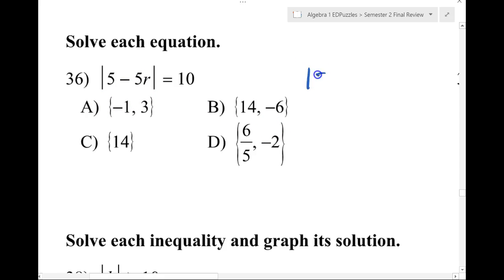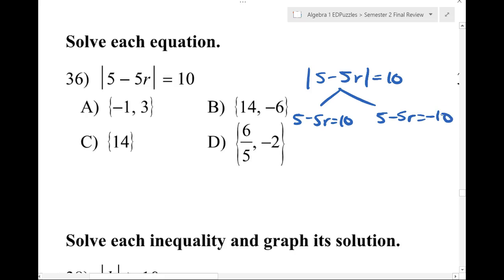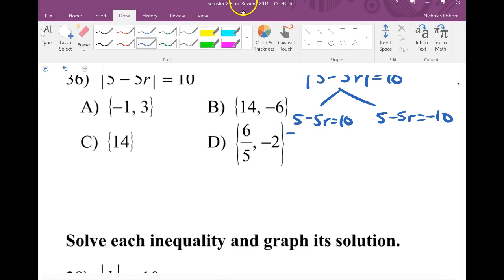So I'm going to write it over here to give us more room. So you're going to split it into 2. So the first one will be the same as the original equation, except without the bars. The second equation will be the same, except the number on the right will become negative. And you basically just solve those 2 equations, and those will be your 2 answers.